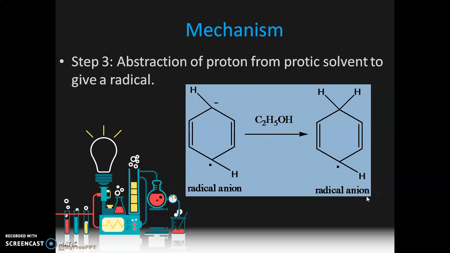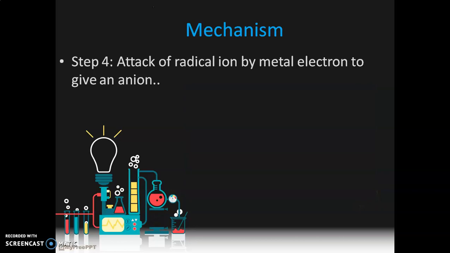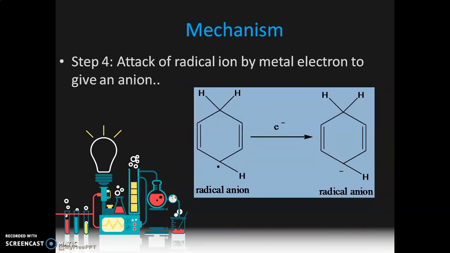us radical anion. Step 4 is attack of radical ion by metal electron to give an ion. So this electron is going to attack at this radical position and give us radical anion.